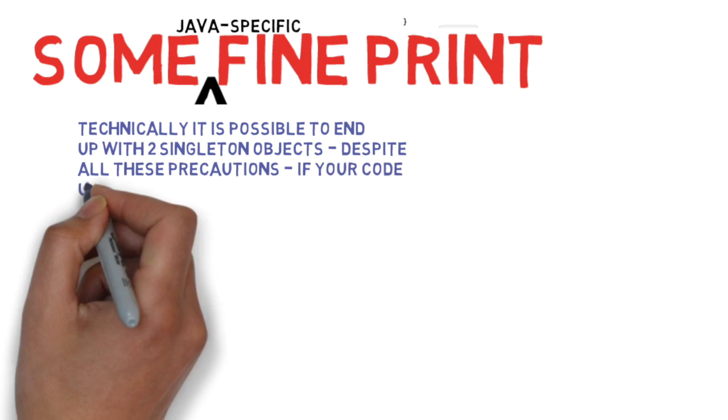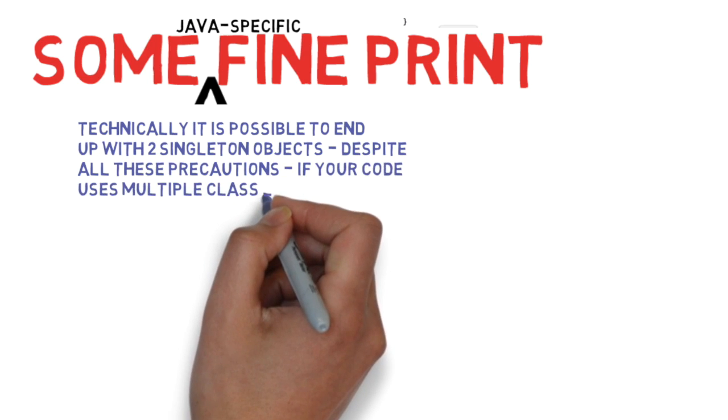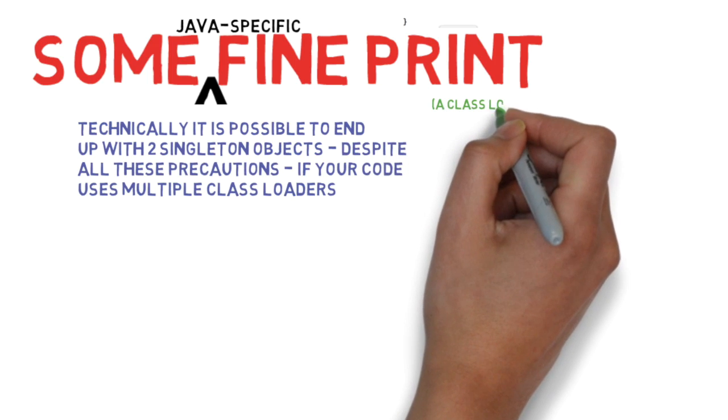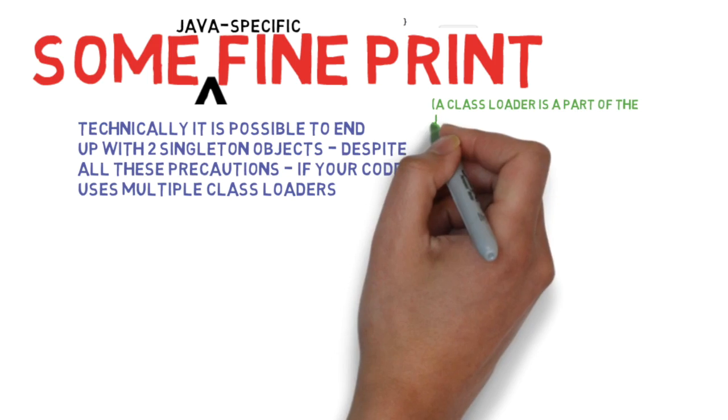This is what works under the covers in order to get you objects of a certain type. Now, every application typically runs with one class loader. However, you can configure your application to run with multiple class loaders. In this case, if you have more than one class loader, it's totally possible that despite all of these precautions that you've taken with singletons, you can create two singleton objects because you have two class loaders.